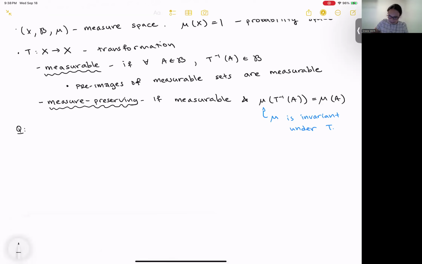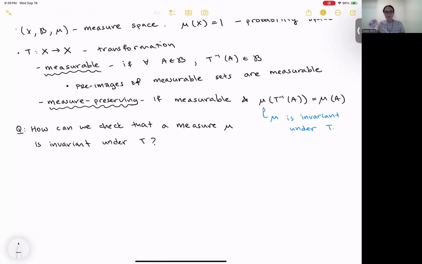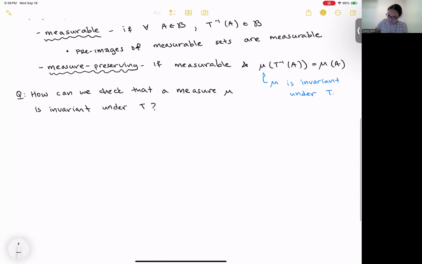One question that we might ask is, how can we check that a measure mu is invariant under some transformation T, or how can we check whether or not T is a measure preserving transformation of the measure mu? By this definition, it would look like we have to check every single measurable set, but fortunately, that's not the case.